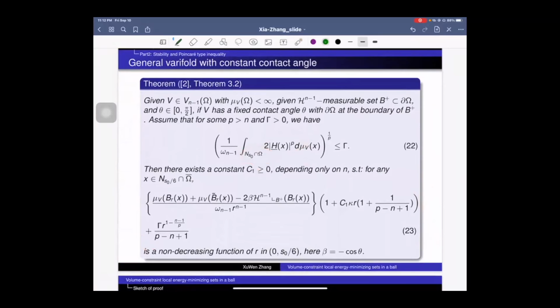And here, B tilde R means the nonlinear reflection of B_R(x) with respect to the boundary of omega. Precisely, if this is omega, and we have a ball B_R(x) here, just outside of omega, then we can reflect it with respect to omega and have B tilde R(x). This is a nonlinear reflection.